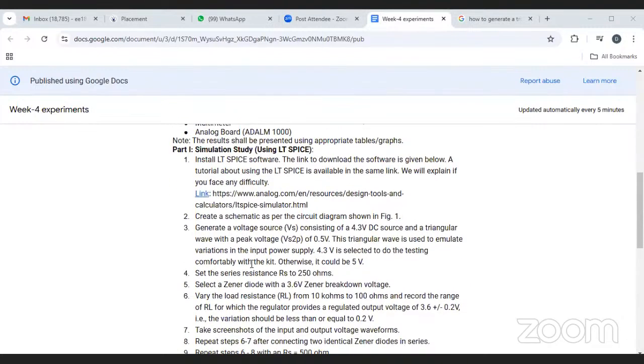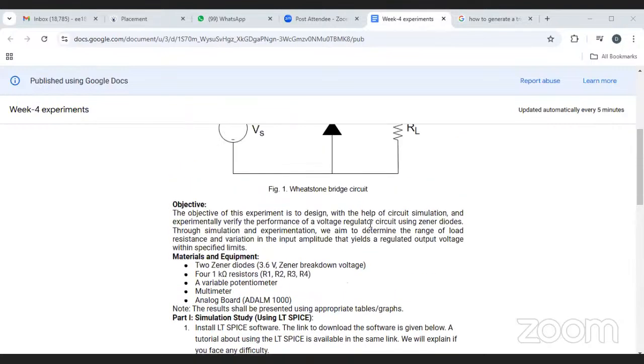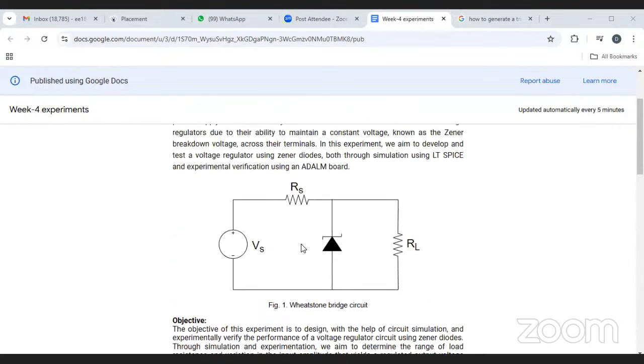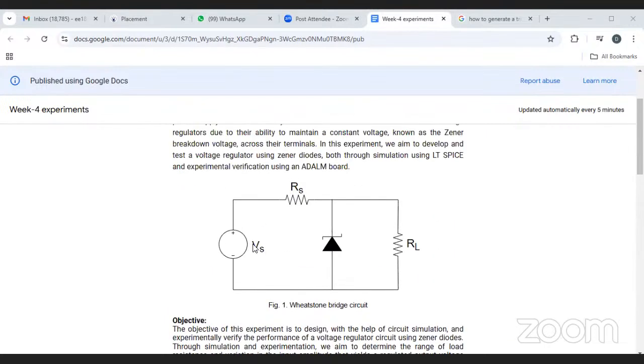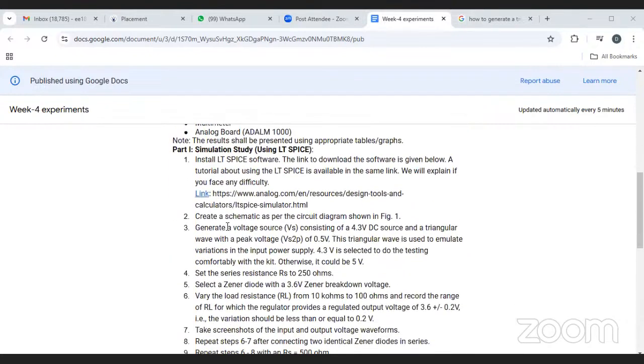You just need to create a schematic as per the circuit diagram shown in figure 1. This is a simple circuit. What you have to do is give a voltage source Vs as specified here. Generate a voltage source consisting of a 4.3 volt DC source and a triangular wave with a peak voltage Vs2 of 0.5 volt amplitude.